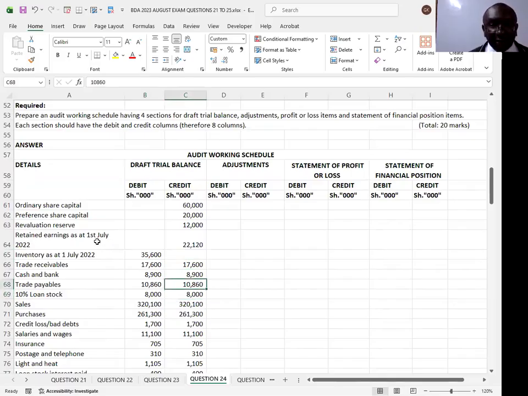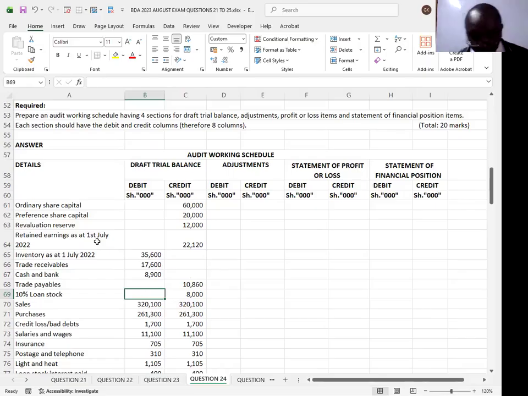Trade receivables, debit. Cash at bank, debit. Trade payables is credit. Rolling stock, credit.